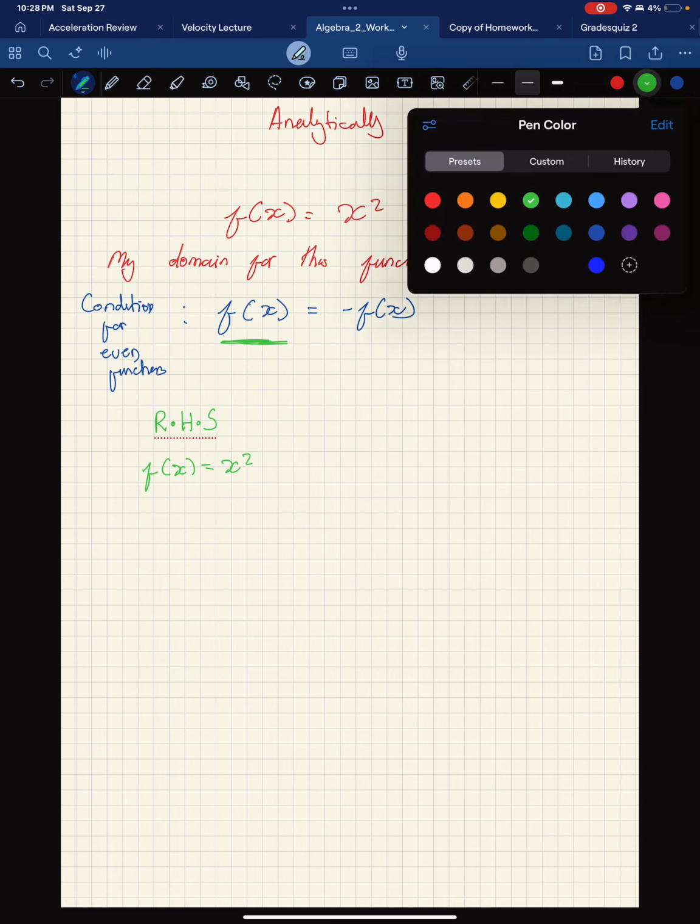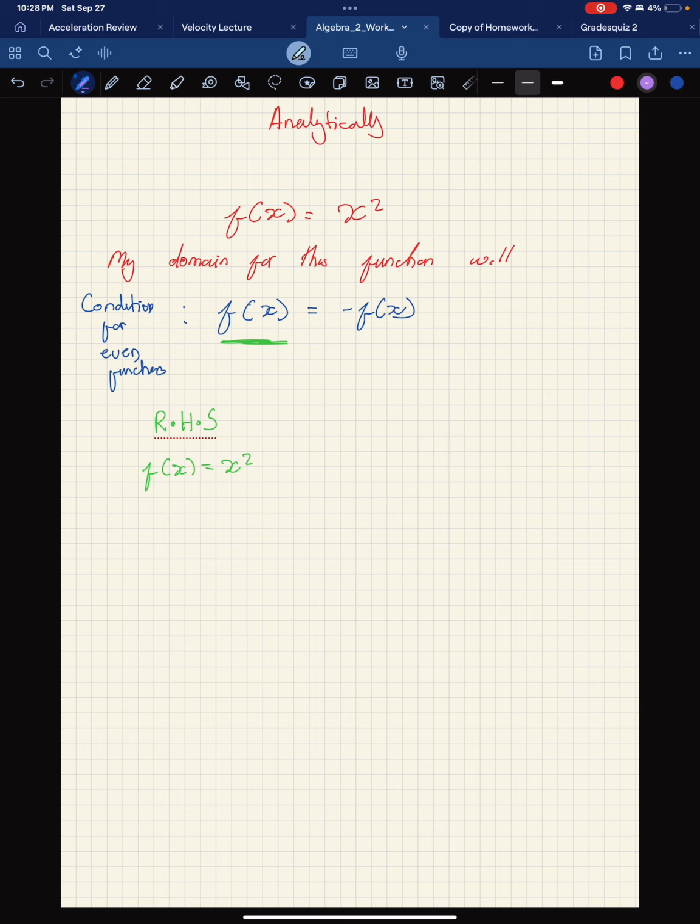Now let's try to solve for our left-hand side. All right. Our left-hand side, it's going to be f of x is equal to x squared. But now we need to multiply it by -1.